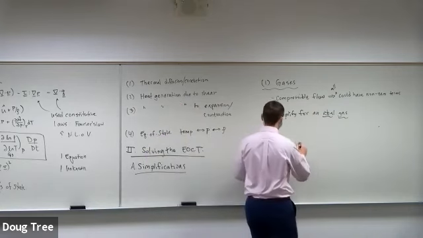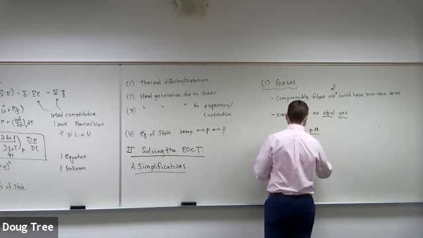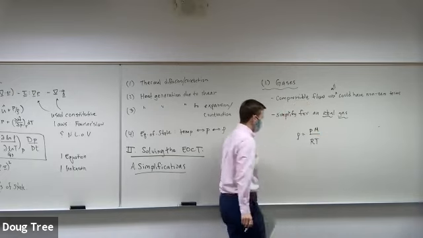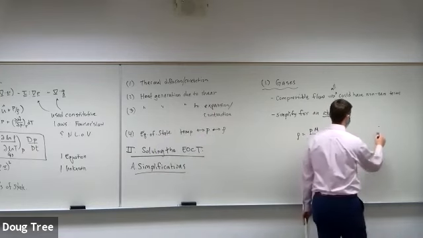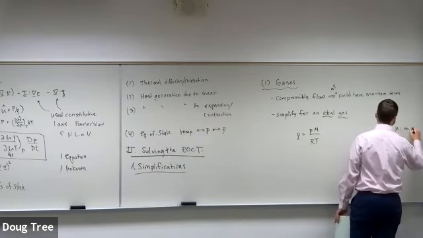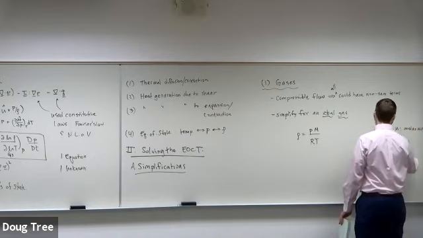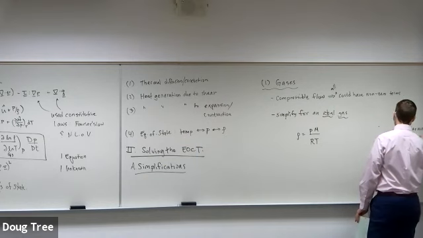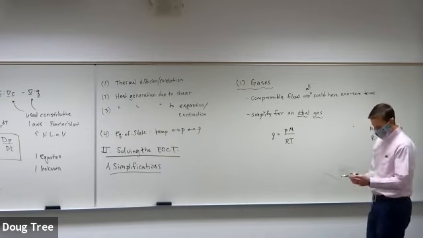So for an ideal gas we can write down rho is equal to PM over RT, where P is the pressure, M is the molar mass, R is the gas constant, and we have T already. We've had that up there a long time.